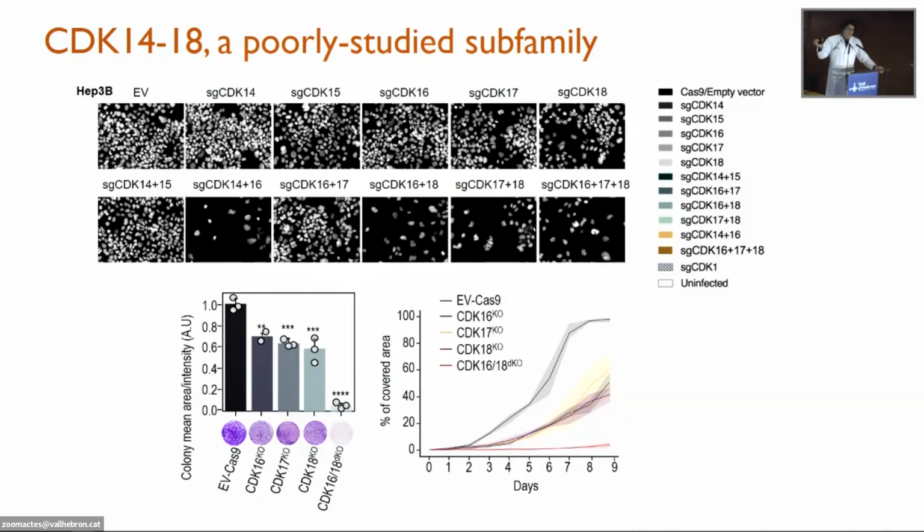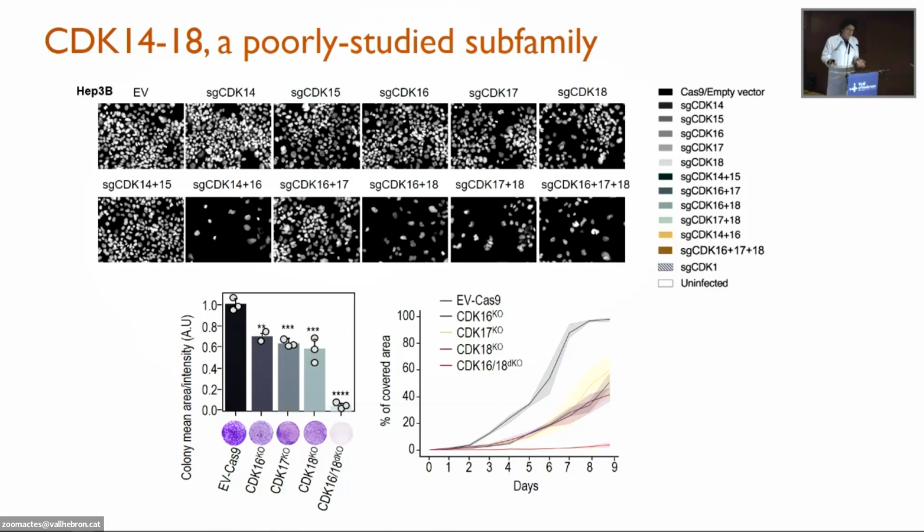So this is a CRISPR, meaning elimination of specific genes. In this case, this is a liver cancer cell line. And as you see, if you eliminate only CDK14 or 15 or 16, which are at the top, you see no effect. But if you eliminate 2 of them, for instance, 14 and 16, or 16 and 17, or 18, you do have a strong effect, right?